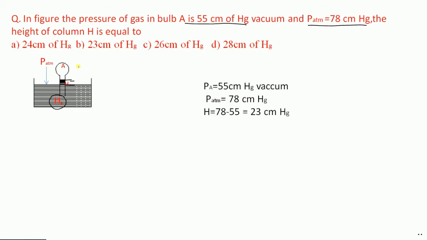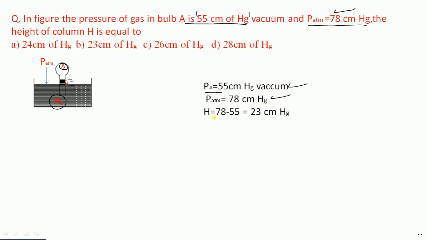So we can write that pressure at A, that is pressure of the gas bulb, is 55 centimeter of Hg. Therefore, pressure at A is 55 centimeter of Hg in vacuum, and atmospheric pressure, it is also given here, it is 78 centimeter of Hg.